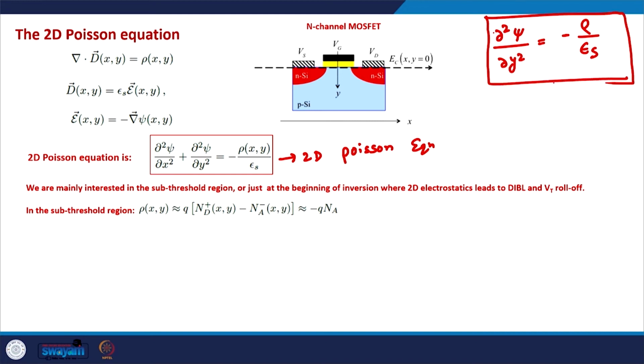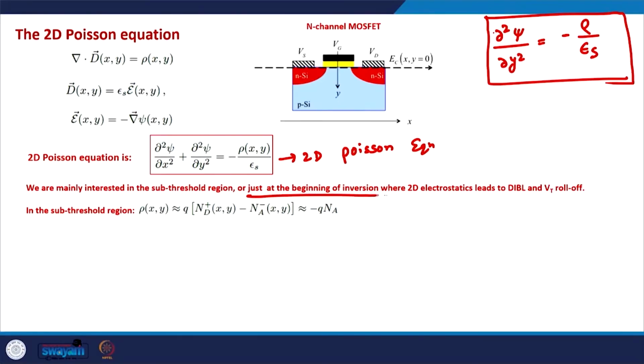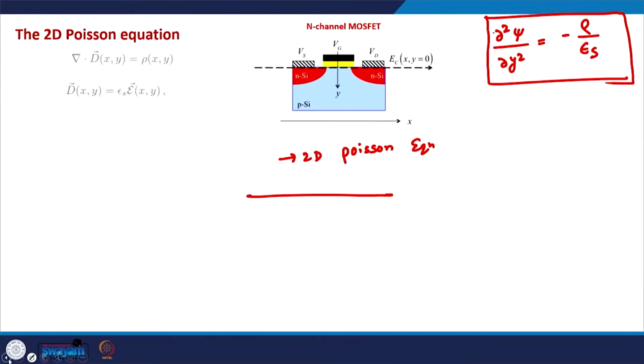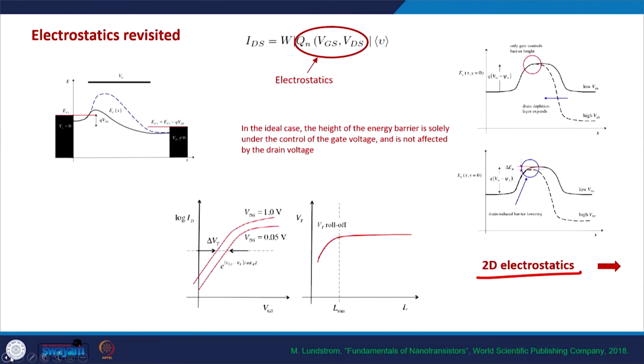the most prominent impact of the 2D electrostatics, or the small channel effects, happens in the subthreshold regime, which is just at the beginning of the inversion. Just before the inversion or around the inversion regime, that is where we notice the effect of the 2D electrostatics, as is also clear from here.